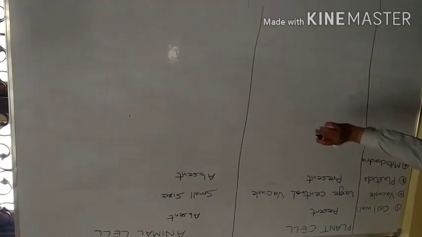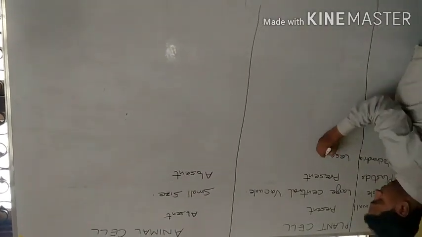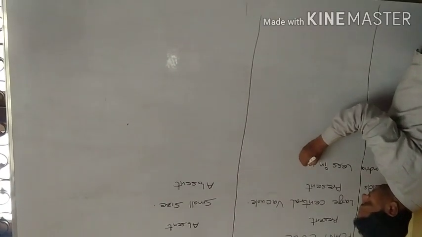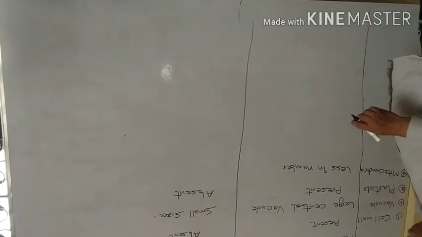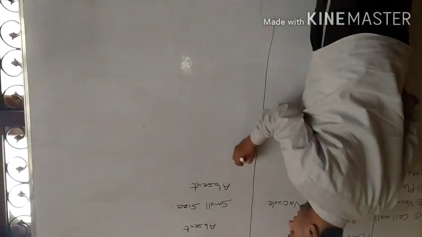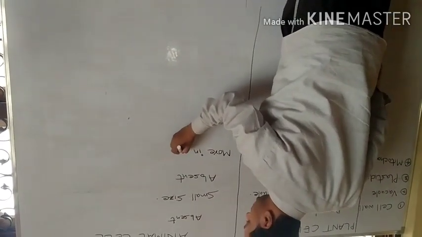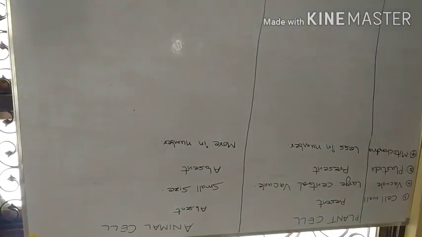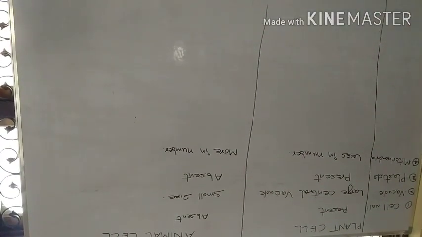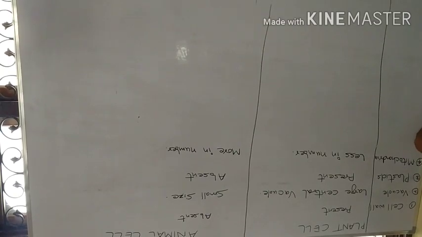But in plant cells they are less in number, and in animal cells they are more in number. Mitochondria we have discussed, plastids we have discussed, vacuole we have discussed, cell wall. Now fifth point.